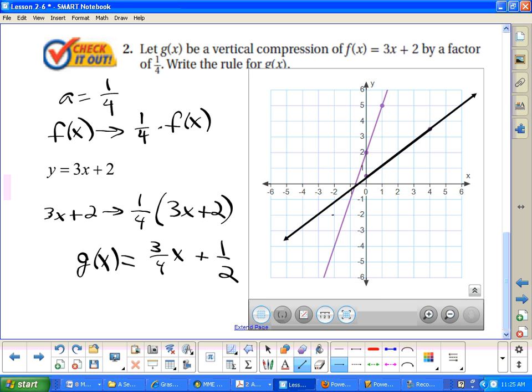The slope is 3/4, so it's not as steep as the previous one.